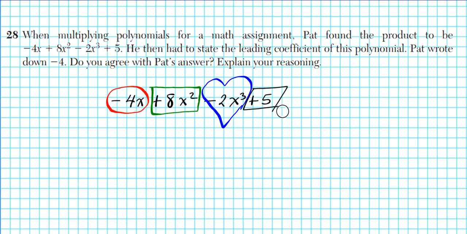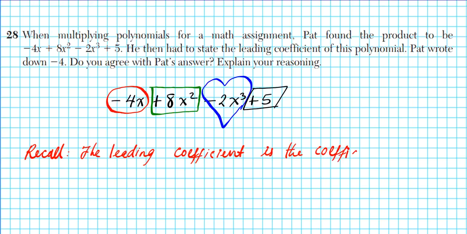How do we find out what the leading coefficient is? Let's go over that real quick. So what I would like you to recall is that the leading coefficient is the coefficient, basically the number in front of the variable, of the term with the highest degree.